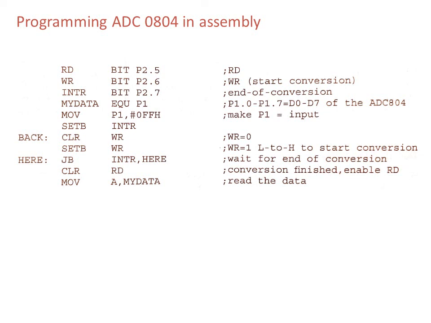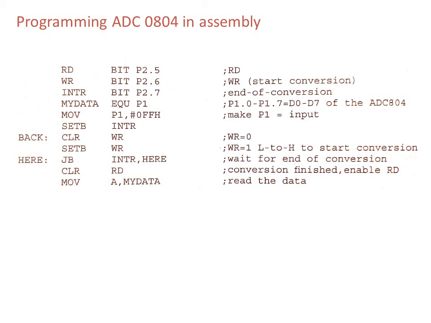What exactly we are doing here is checking whether the conversion process is done or not. Initially INTR pin will be high. If the conversion process completes, it will go to low. So by this instruction JB INTR, here, we are waiting for the end of the conversion, whether it has set or not.